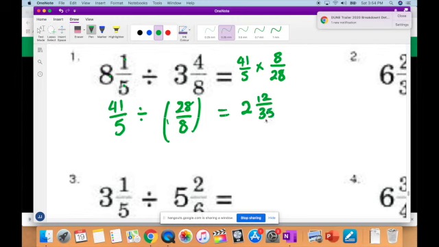You all end up with that one? I have 2 and 11 over 35. Serious? Caitlin, what did you get? Oh yeah, 2 and 6. I got 27 over 35. So you got this? Yeah.